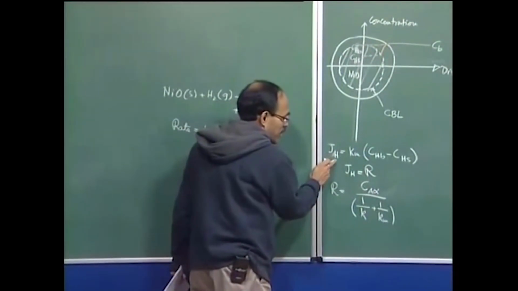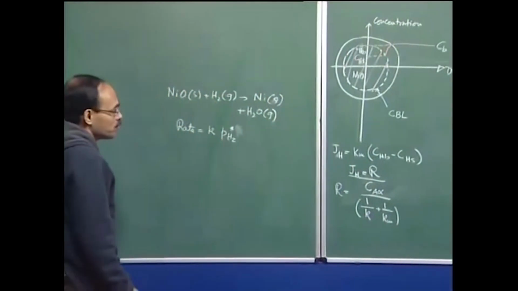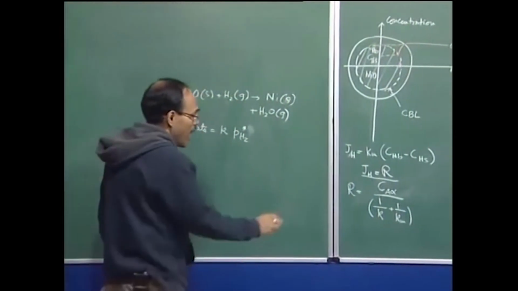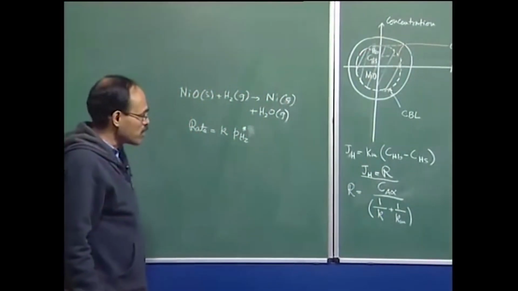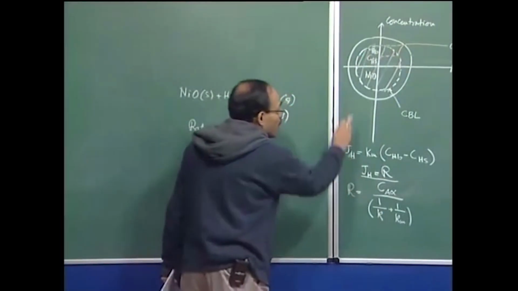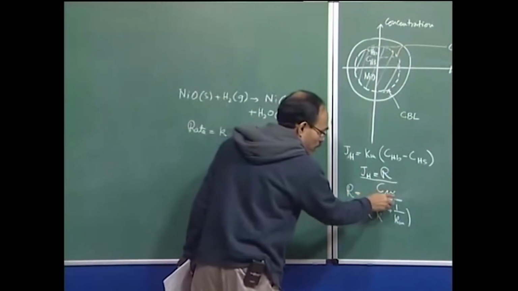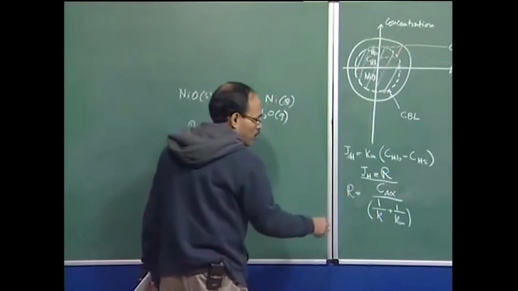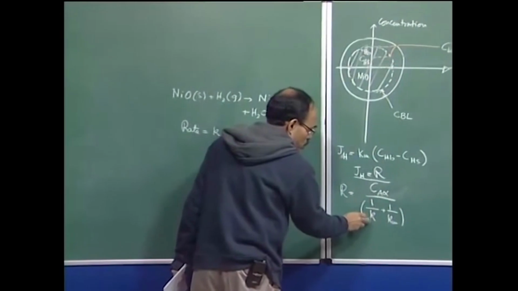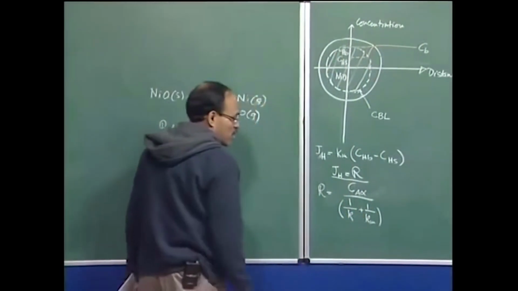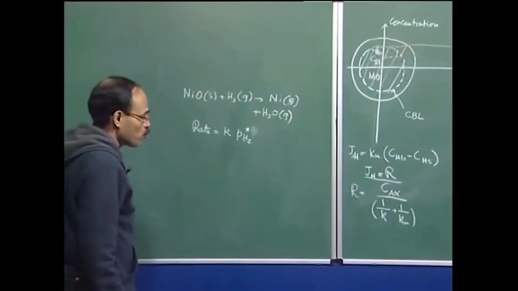So, therefore, I can say that J_H, the convection flux, is approximately equal to the rate of the chemical reaction. And if I do the manipulation, of course, I am not going into the details of it, these are available in standard books, you can see that in that case the overall rate of the nickel oxide reduction reaction can be expressed in terms of the interfacial concentration, as well as the two rate constants, which are nothing but the resistance to mass transport and the resistance to chemical reaction, also known as the respective mass transport coefficient.